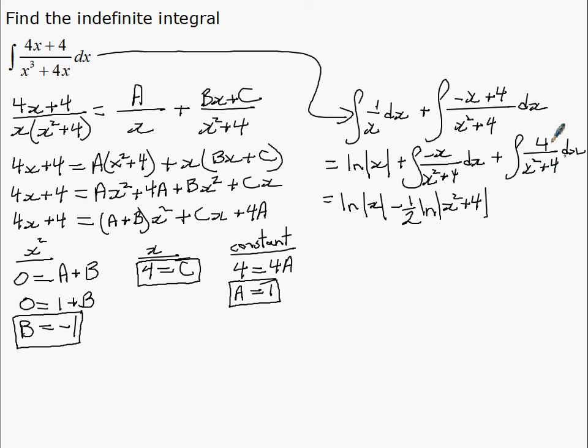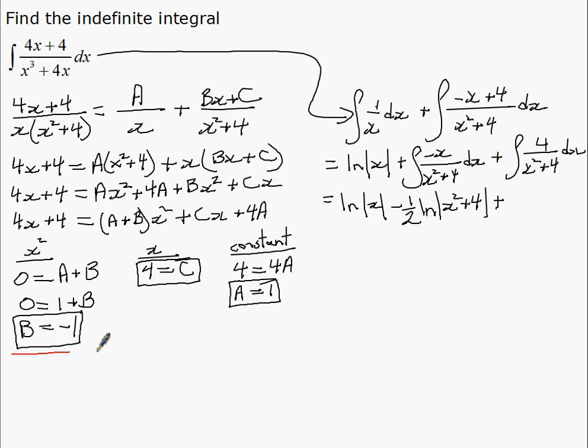But we still have this integral here, and that integral is going to require a little more work. This is actually a tan inverse integral. We can simply look it up in a table and write a formula, or we can work it out. And since in class I just gave you the formula, maybe here I'll work out exactly what that is.